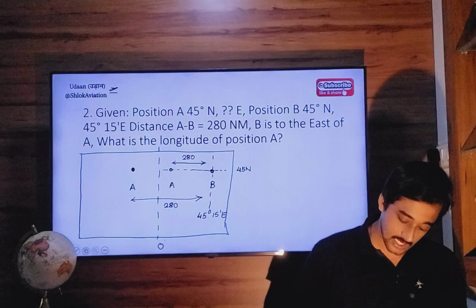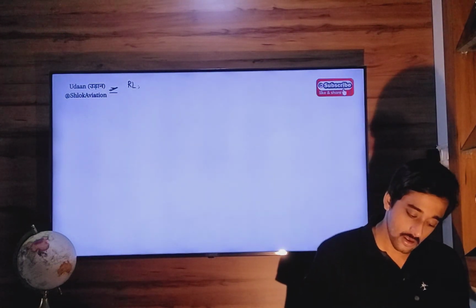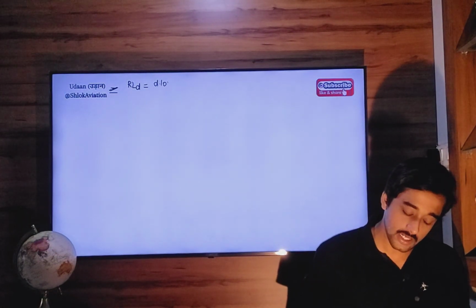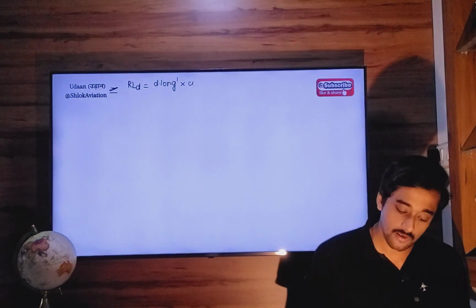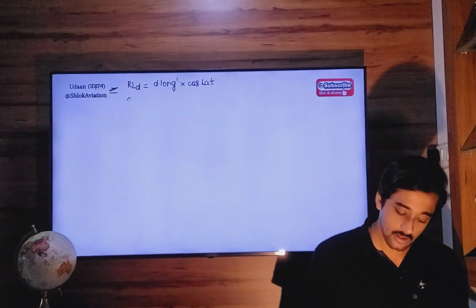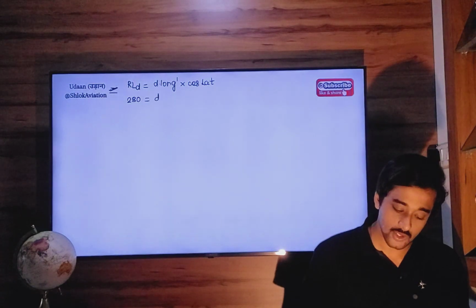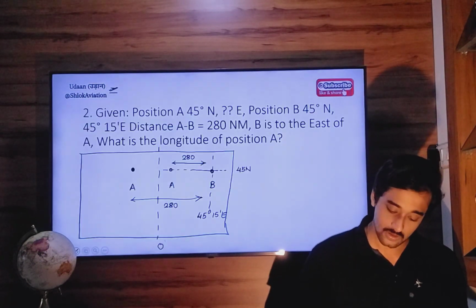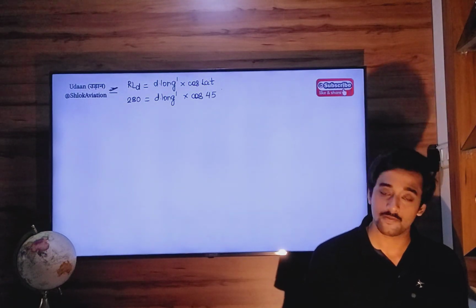So rhumb line distance equals d long in terms of minutes into cos of latitude. So 280 equals d long in terms of minutes times cos 45.